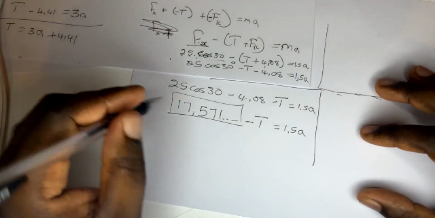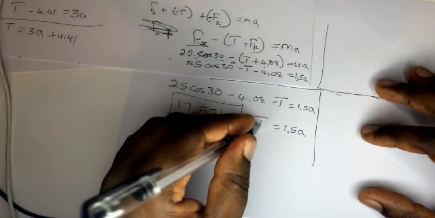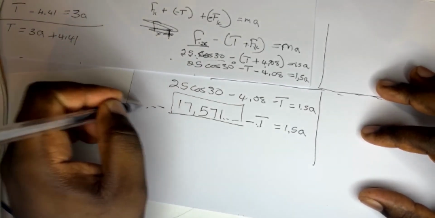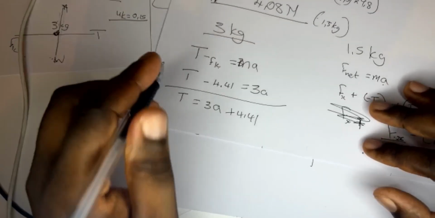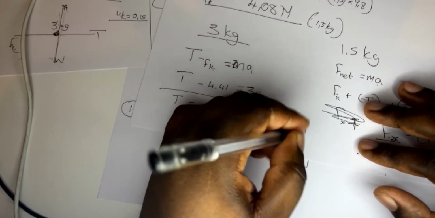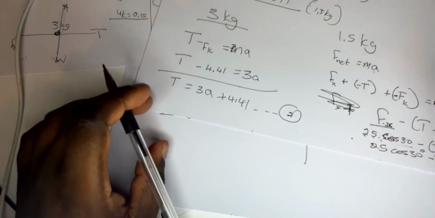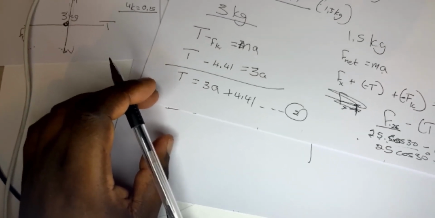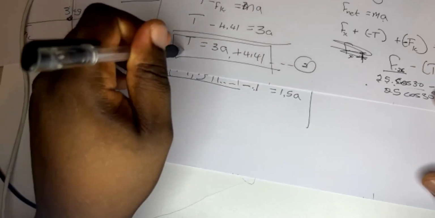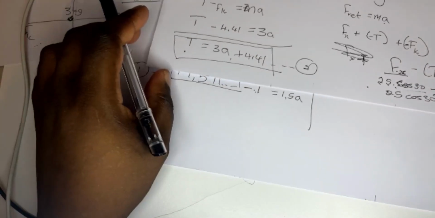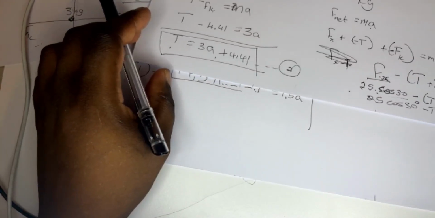So minus the T, we'll take this one as equation number 1, and the other one that we solved of 1.3 kg, we say is equation number 2. It's up to you which one you take as equation 1 and 2, and then you substitute, and you will get the value of a. Then after you get a, you come back here and solve for T. So that's how we kill it.